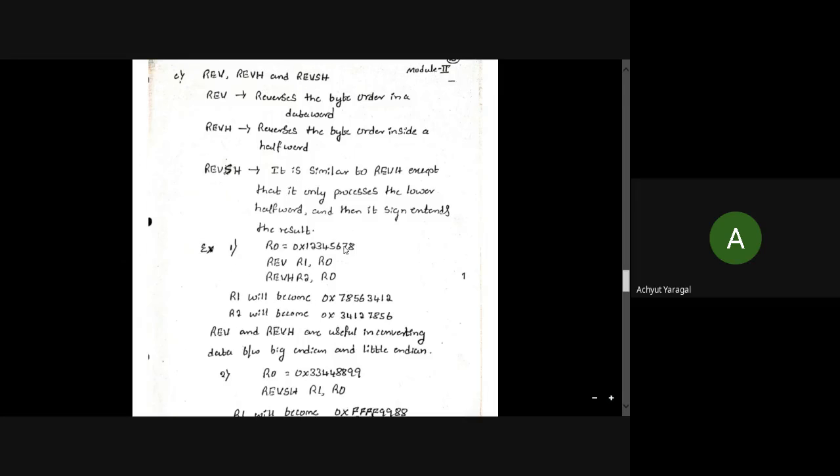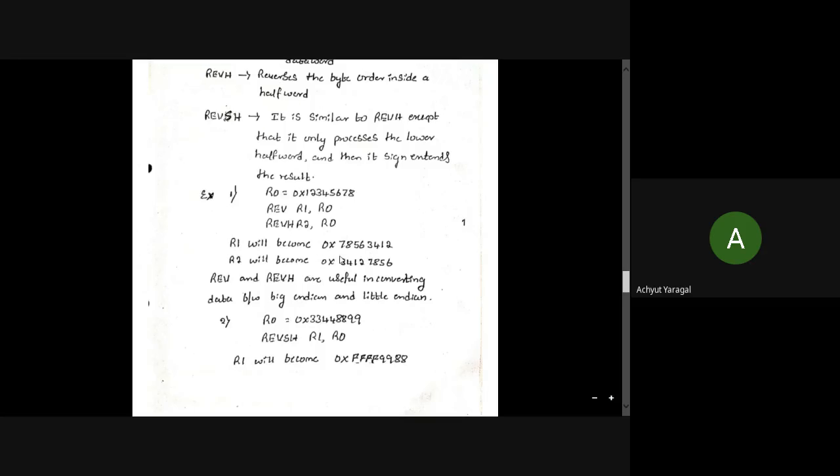See, you can see in R1 here, as I said, it reverses the byte order here. We are having 4 bytes here, right? First byte, that is 1, 2, second byte 3, 4, third byte 5, 6, fourth byte it is 7 and 8 here. Okay, 4 bits are required to represent one number here, right?